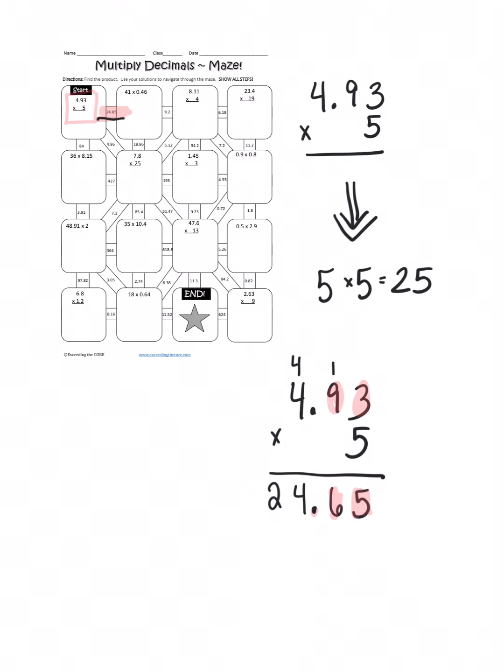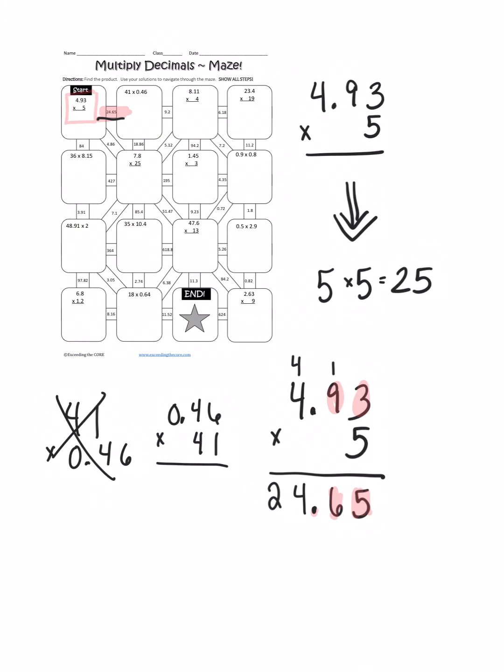Next, I'm going to multiply 41 times 46/100. It's going to be a lot easier for me to multiply this if I reverse the order in which the numbers are listed. So I'm going to put the number that has more digits on top. So it's going to be 46/100 times 41.